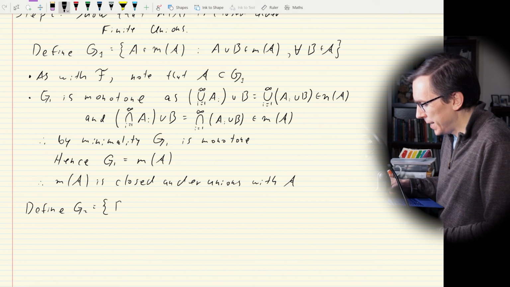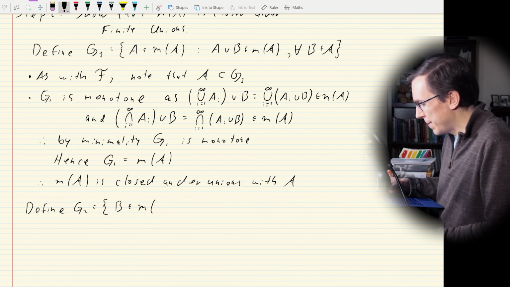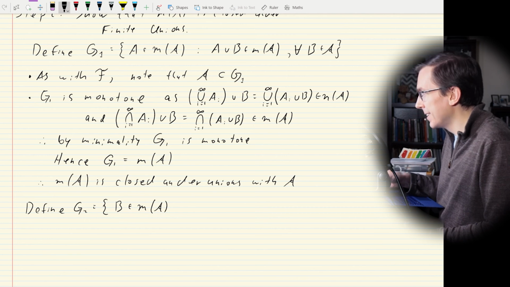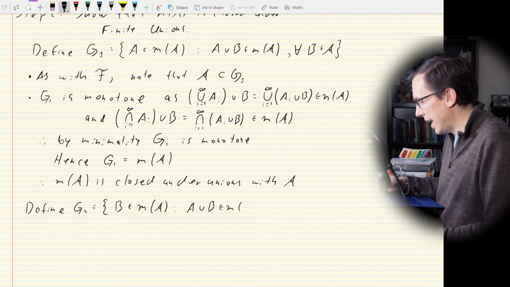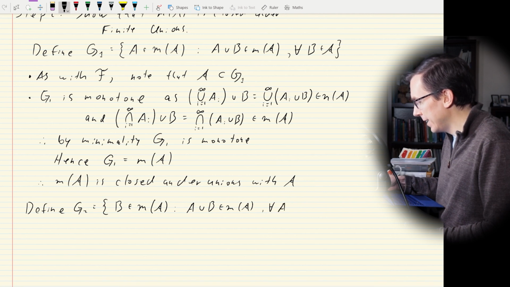G2 is going to be all the B in M_A such that A union B is in M_A, not A, but script A, and this is for all A in M_A.